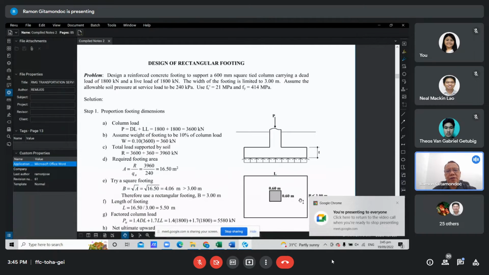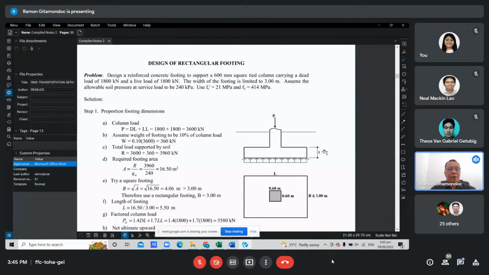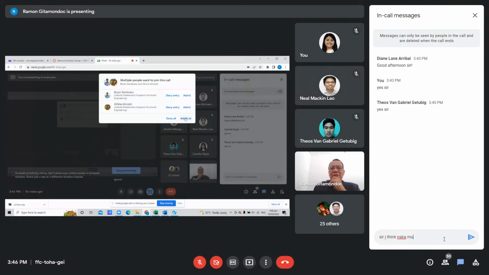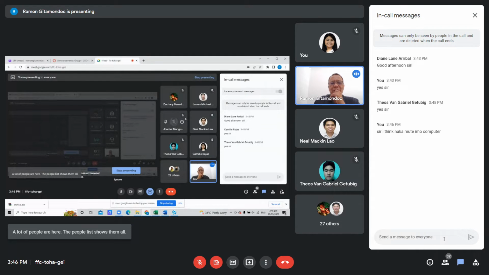So in this meeting, we're going to discuss this topic, no? Design sa rectangular footing. So last meeting, nahuman naman ang design sa square footing. Nahuman na natong discuss ang square footing, di ba?